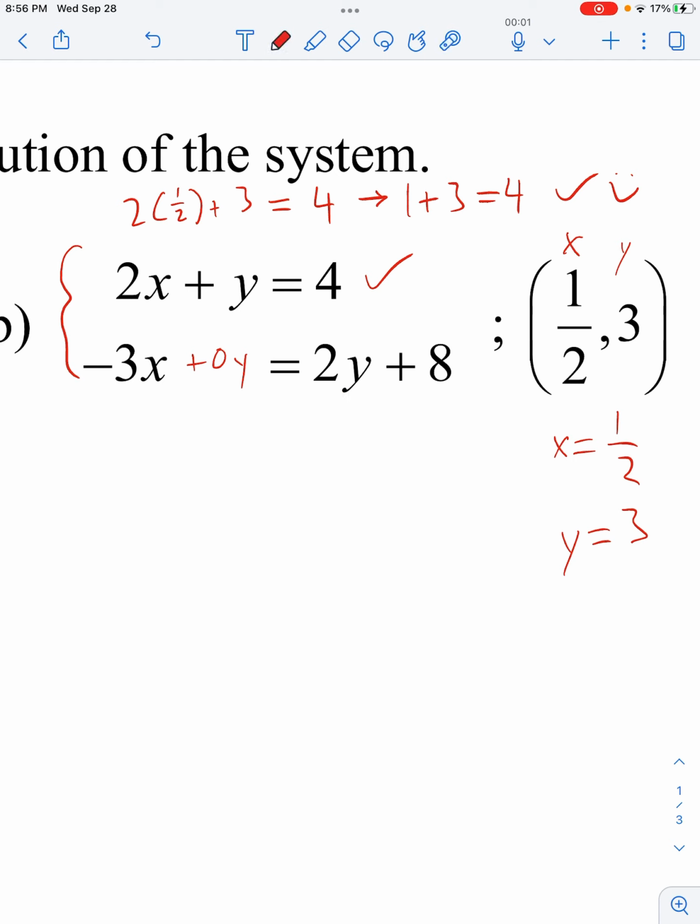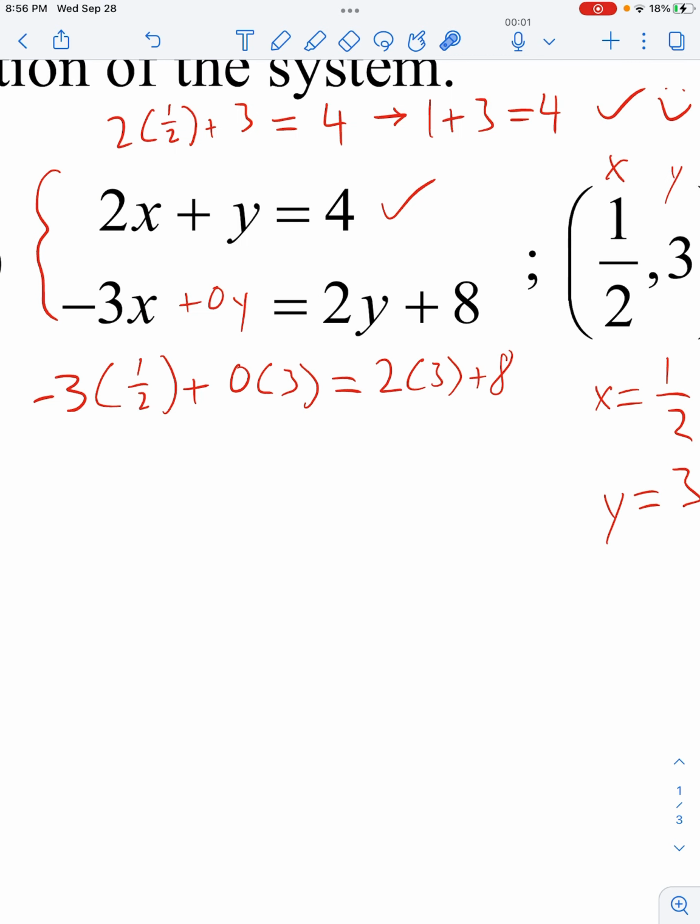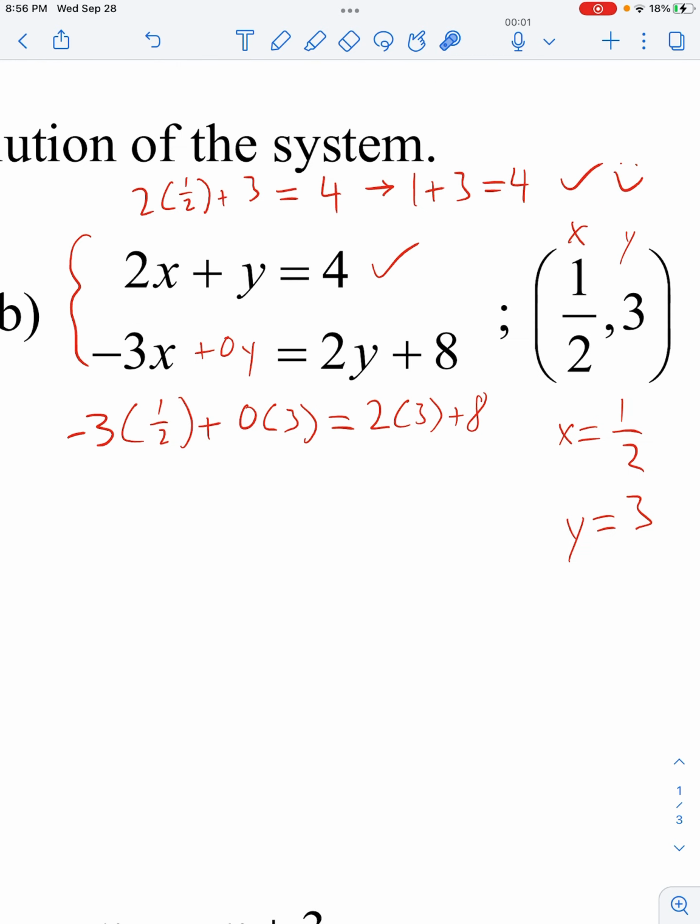Okay, so we have negative 3 times 1/2 plus 0 times 3 equals 2 times 3 plus 8. So we're going to go ahead and simplify both sides of this equation, and then check to see if they're equal, and if they're equal, then it's a solution. If they're not, then it's not a solution.